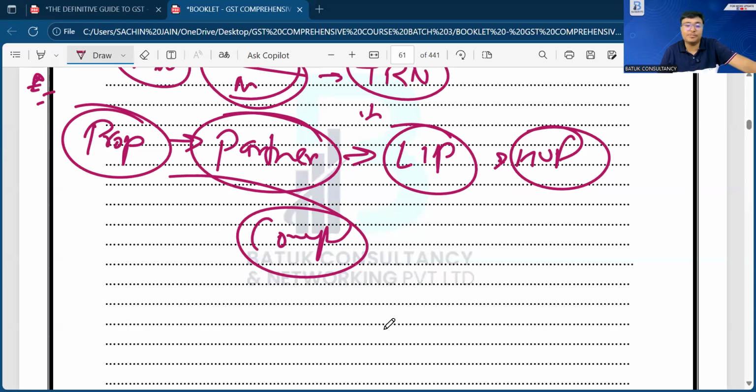Yes, your Mumbai place will not be your additional place of business because the state is different. Yes, Gurmeet sir, definitely. If your job worker is unregistered, then definitely you have to add that place as your additional place of business. Otherwise, the departmental authority may treat that particular goods as supply.